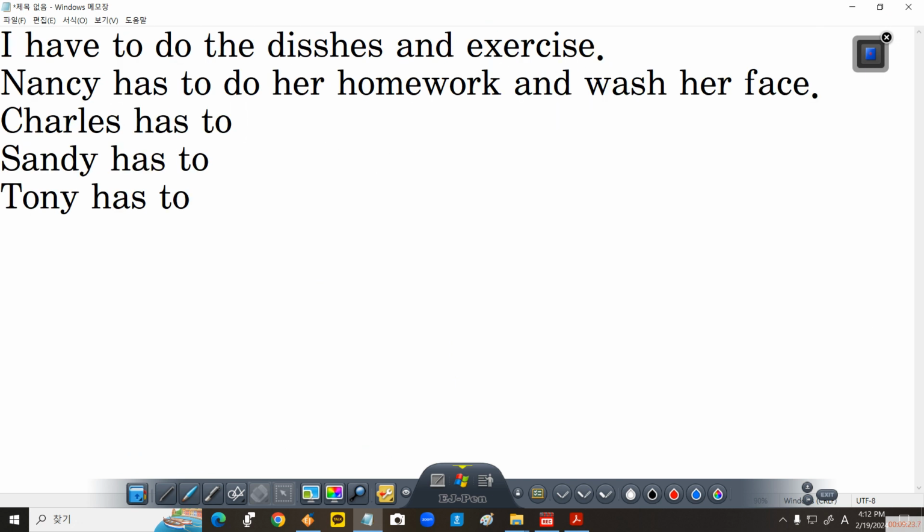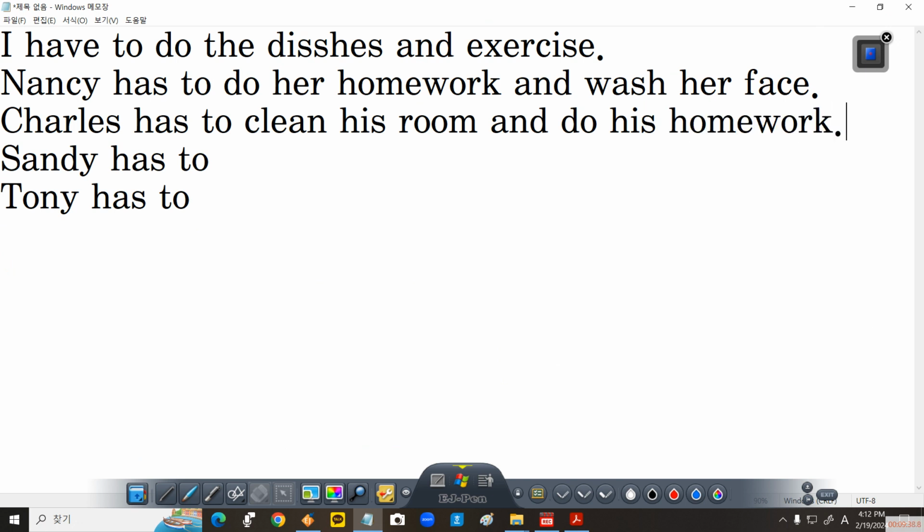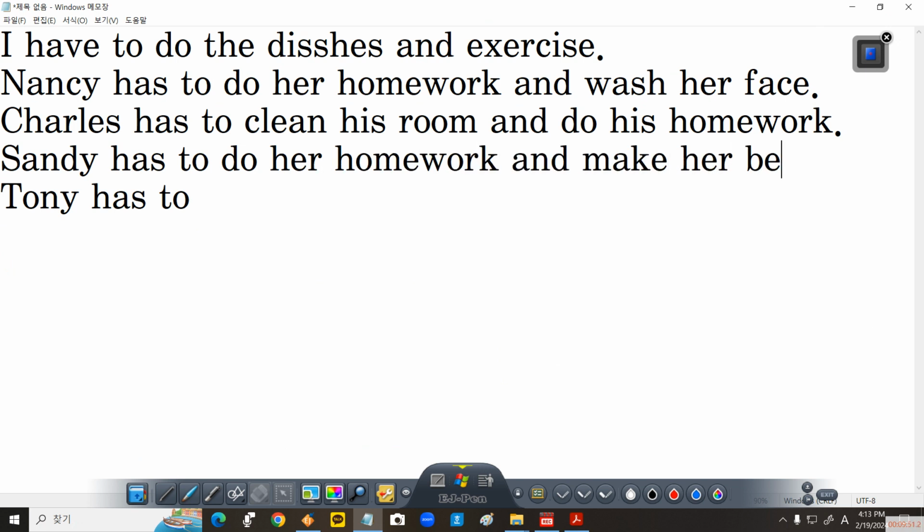And Charles has to clean his room and do his homework이죠. 여기서는 동사 원형이 돼요. 그 다음에 Sandy has to do her homework and make her bed. And Tony has to do his homework. Good.